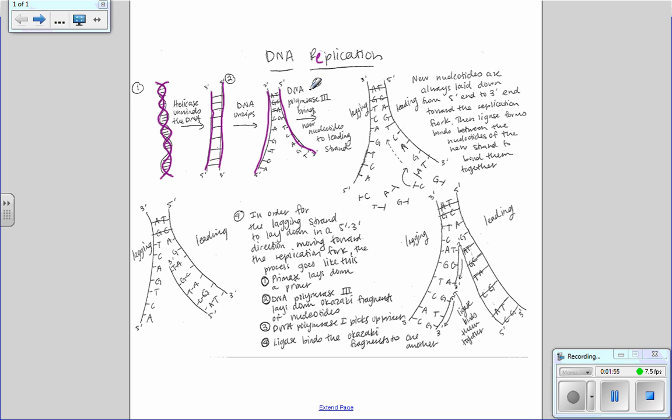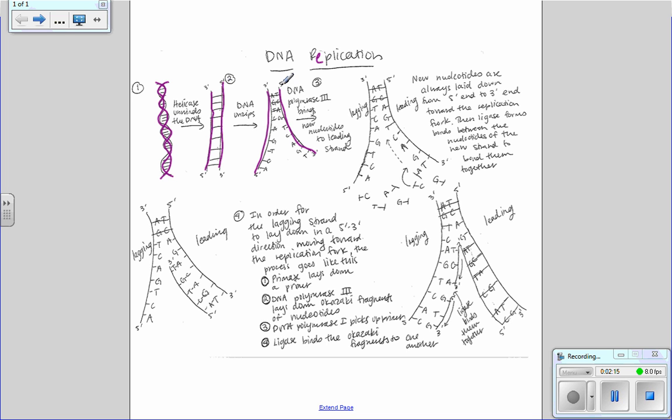We talked about how the DNA is anti-parallel. So we have the 5' end of one side of the DNA and the 3' end is at the other end, and then the complementary strand is going in the opposite direction. And remember that it has to do with the direction that the sugars are pointing, right?